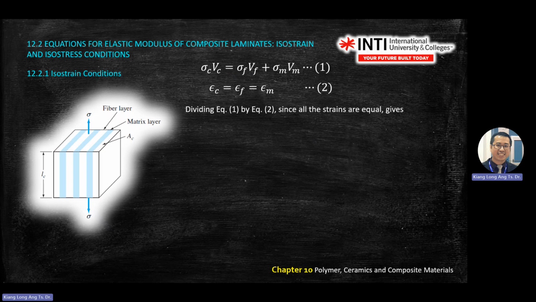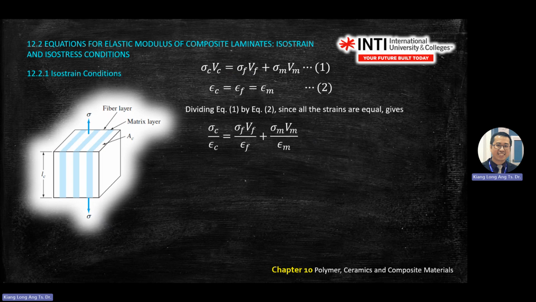You still remember Hooke's law? What is Hooke's law? Stress equals E times strain. So if you divide stress by strain, what do you get? You get the Young's modulus, or elasticity. Okay, you divide 1 by 2.